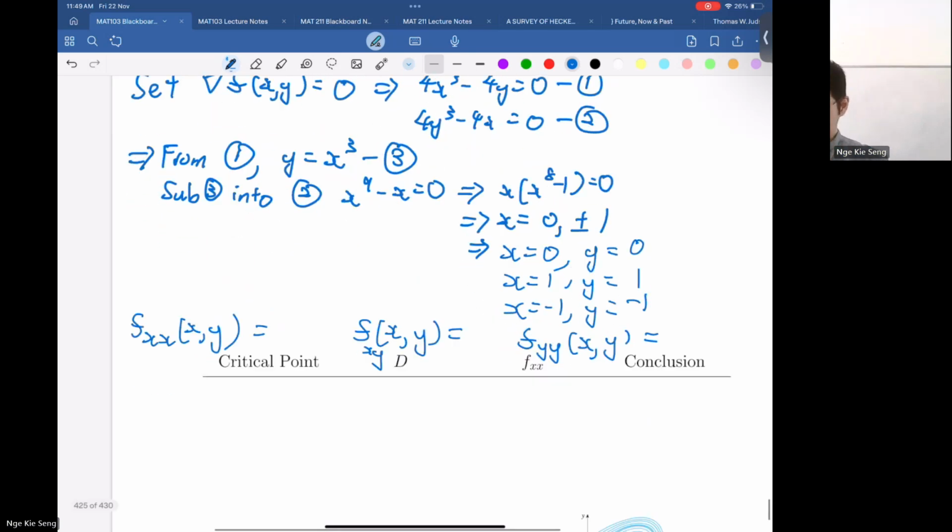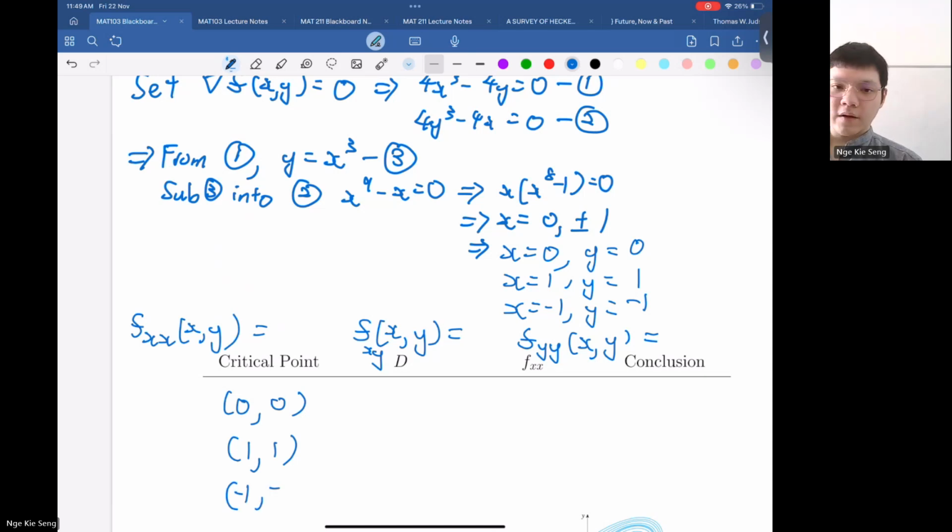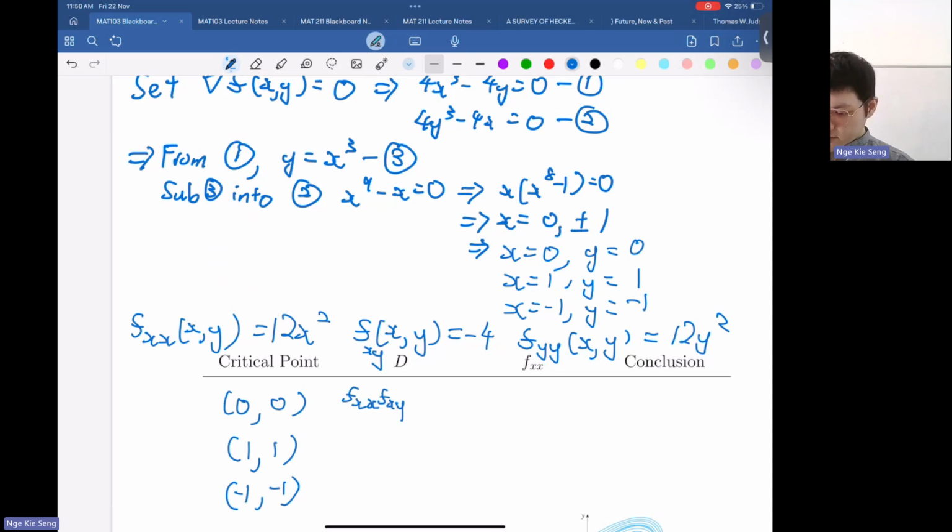There are 3 points. Who computed fxx? It is a curve in x squared. And fxy? And fyy is y squared. So D is fxx times fyy minus fxy squared. Okay, so when (x, y) equals (0, 0), what do you get?